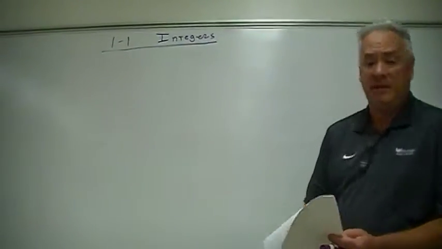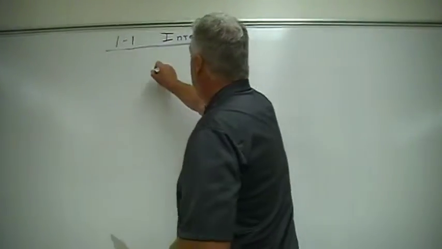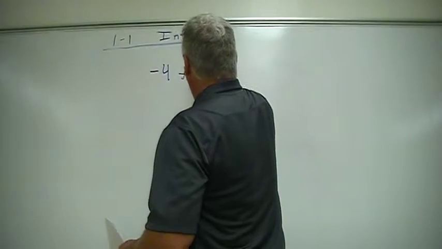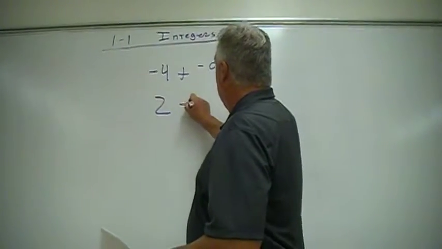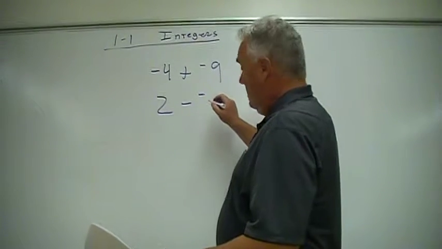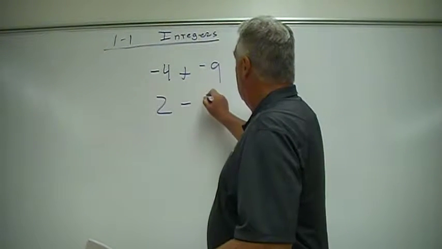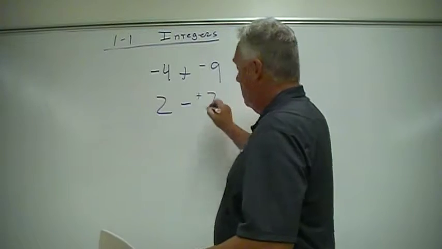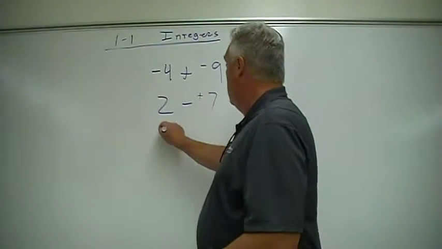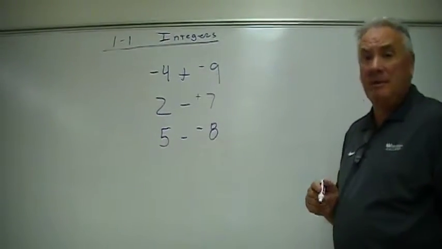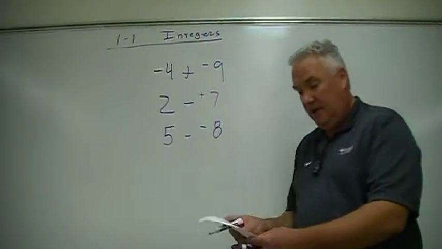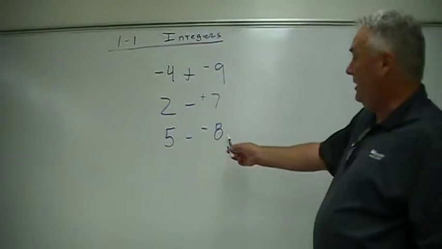Rule number 3 is if there are two signs. And rule number 3 will tell us, as we see here, if there are two signs between the numerals.